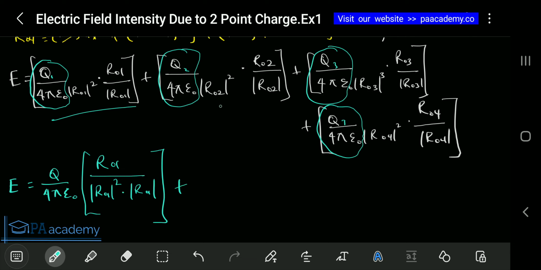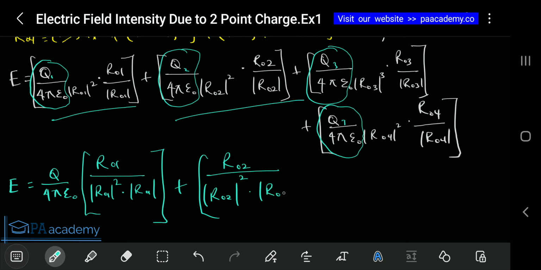So then plus, so let's come over here. So for this now, we are going to be having, let me open my square bracket. So RO2, which is the unit vector, over its magnitude all squared, multiplied by its magnitude again.